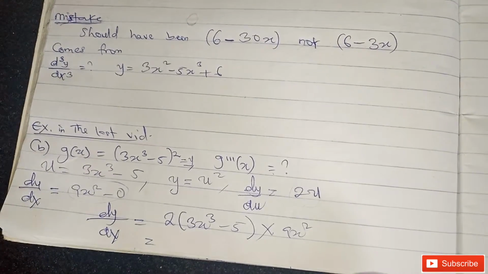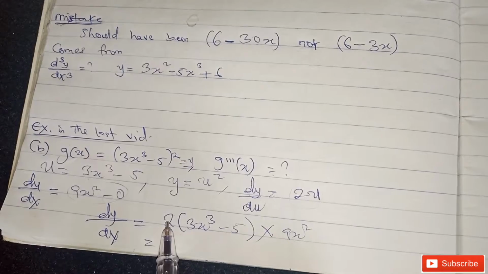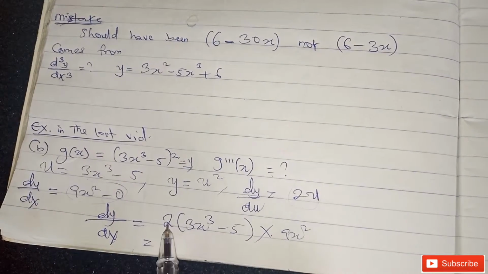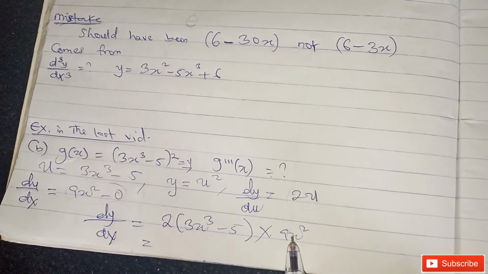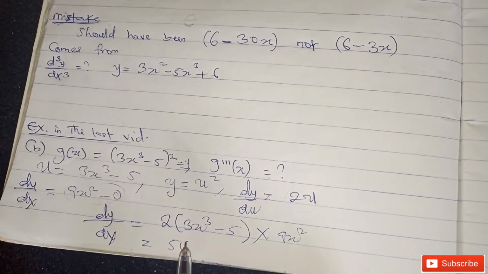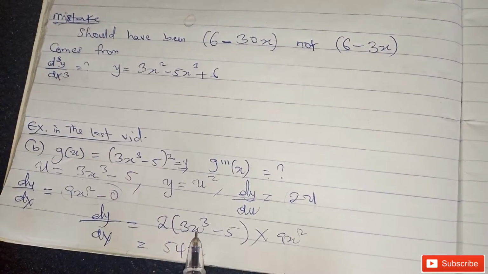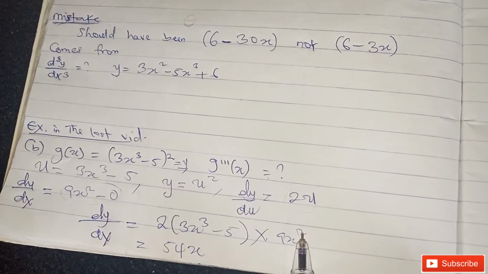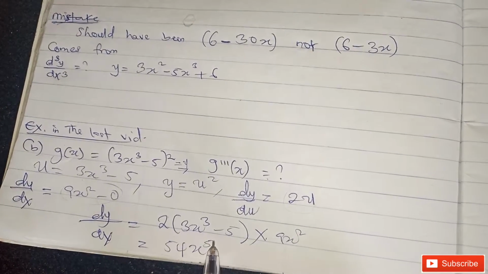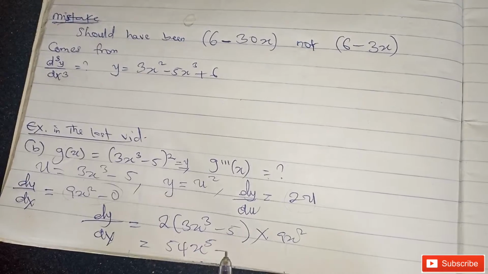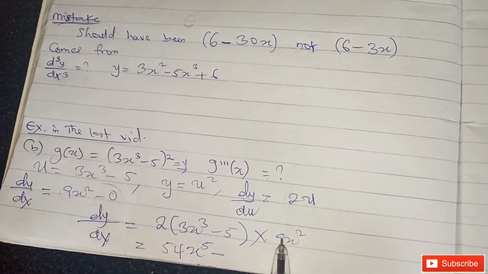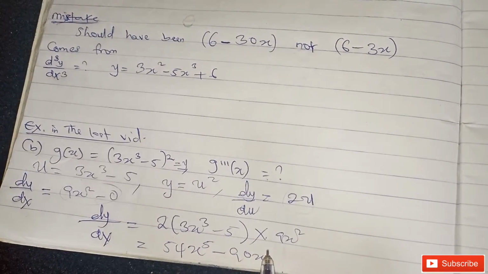So we just have to expand this first. We have 2 times 9, 18, times 3, that's 54. x raised to power 3 times x raised to power 2 would be x raised to power 5. Minus 10 times 9 is 90, x raised to power 2.